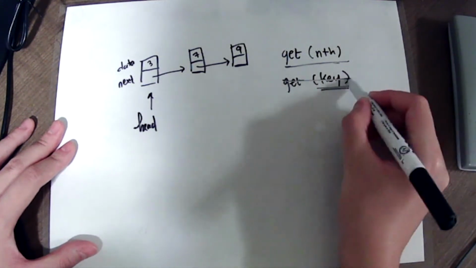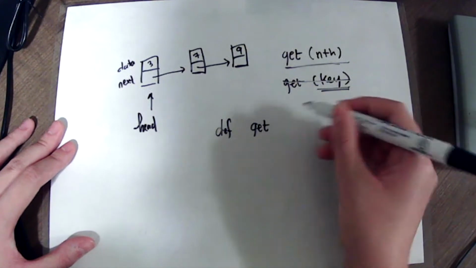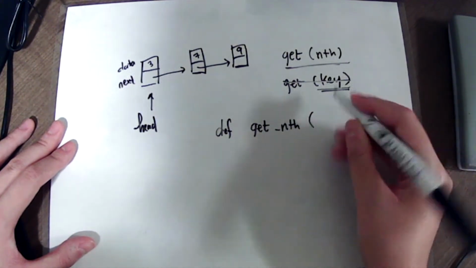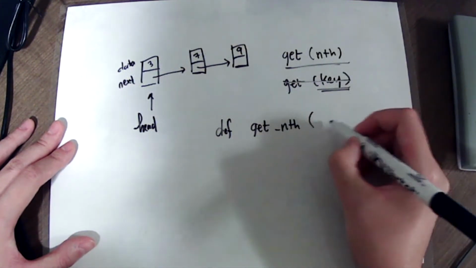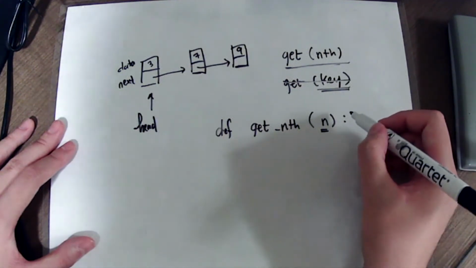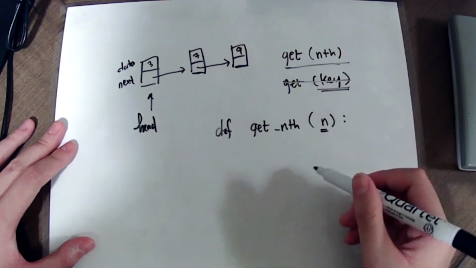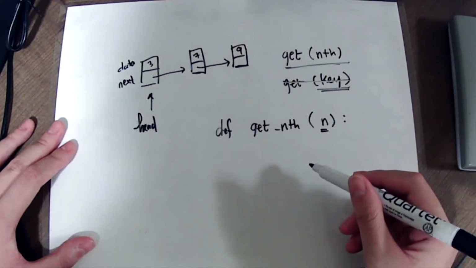For get nth, let's say def get nth, and we get the parameter, let's say n, because we would like to look up the nth value. What we need to do is keep the index.